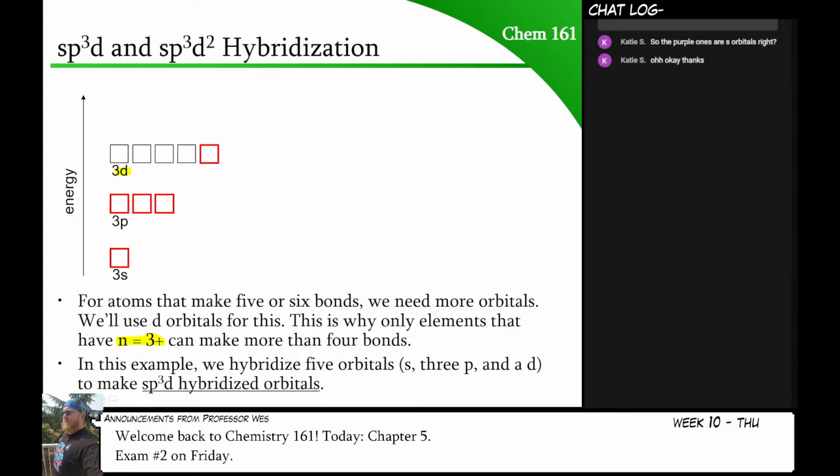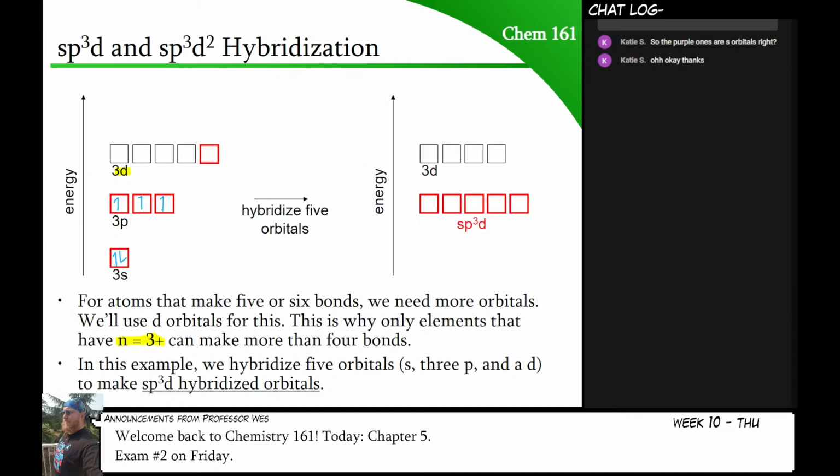So let's suppose I have phosphorus. Phosphorus does PCl5, right? So if I have phosphorus, which looks like this, if I blend these 5 orbitals together, this is what I get. And then my 5 electrons would look like this.